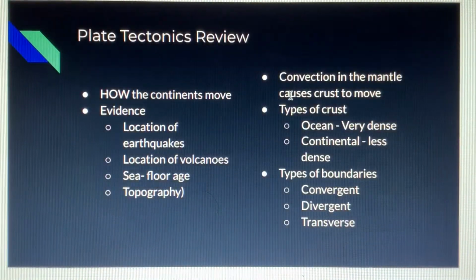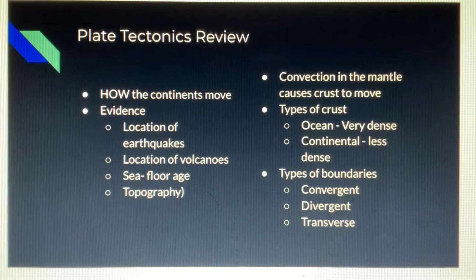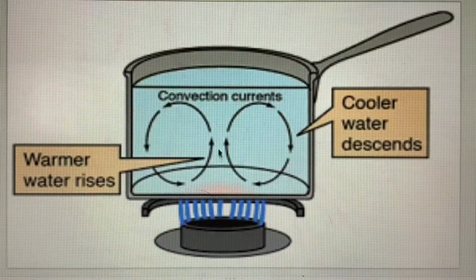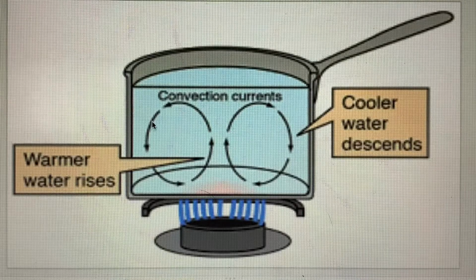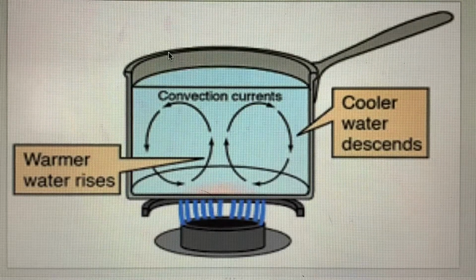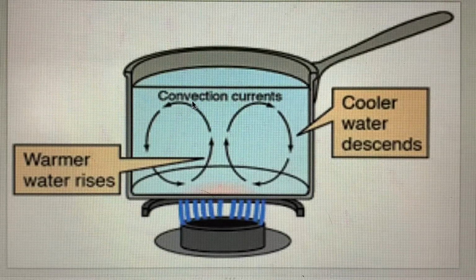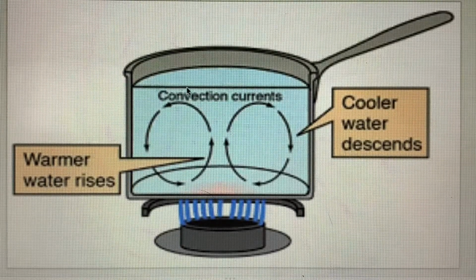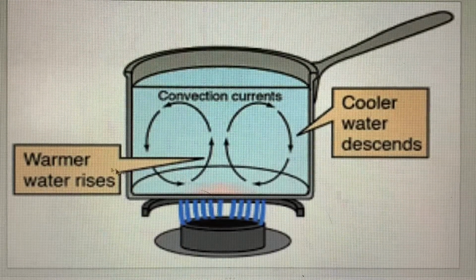So one of the key ways that plate tectonics works is convection, and that is how the crust actually moves because of the mantle. This is just a brief review of convection: heat rises and then cold descends. If you think about it in the context of a room or a boiling pot, it's going to be hot towards the top, and as it cools at the top, it will go down and sink to the floor.